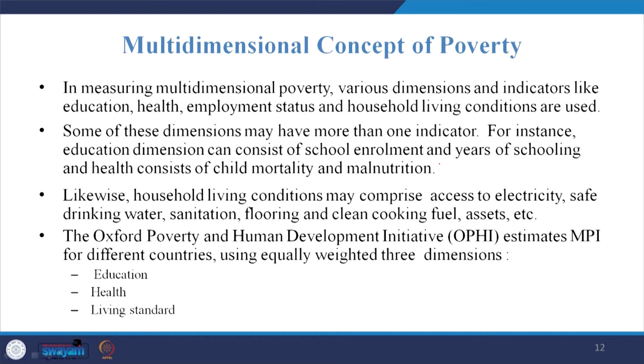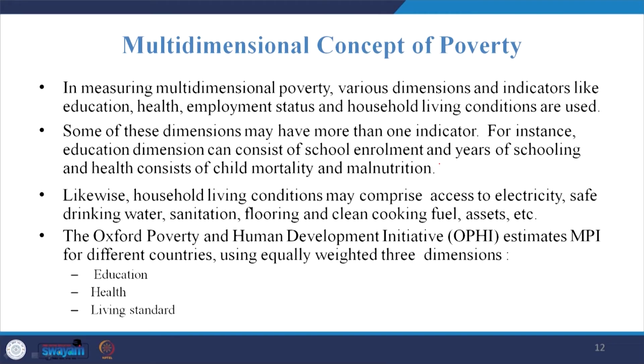Education has 2 indicators, like school enrollment and years of schooling. Then health also has 2 indicators, like child mortality and malnutrition.